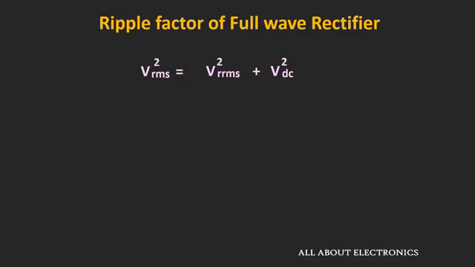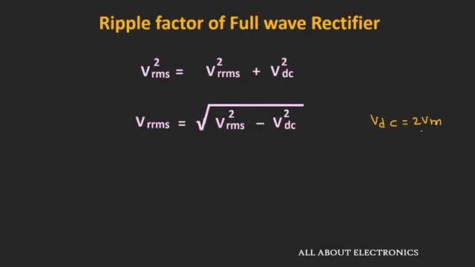And from this, we can say that the RMS value of the ripple will be equal to square root of Vrms square minus Vdc square. Now for the full wave rectifier, this Vdc is equal to 2 Vm by pi. And the RMS value for the full wave rectifier is equal to Vm by root 2. So let us put these two values in this expression.